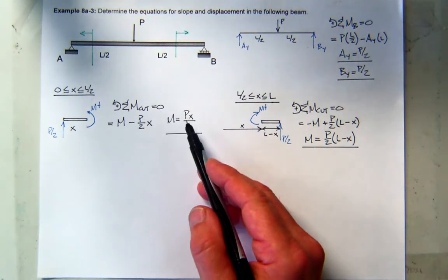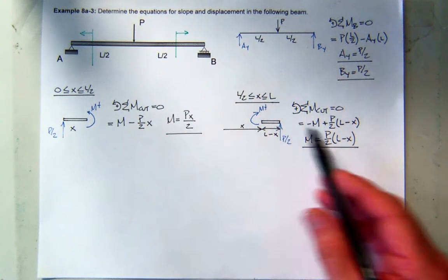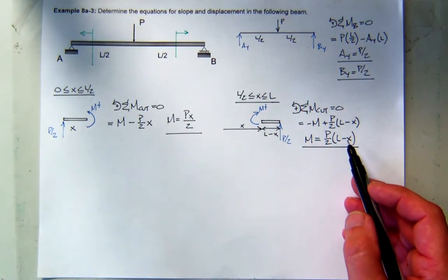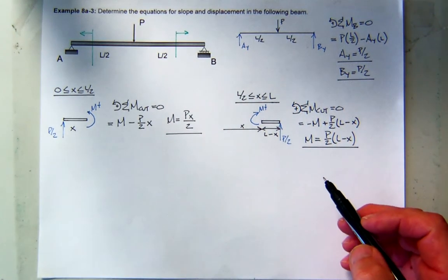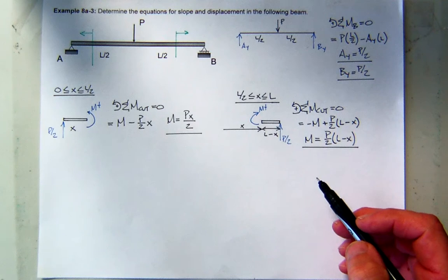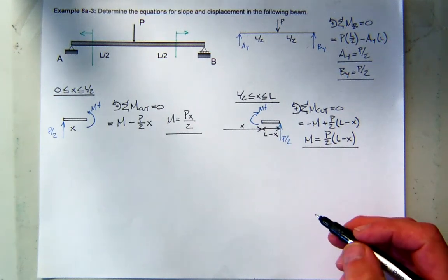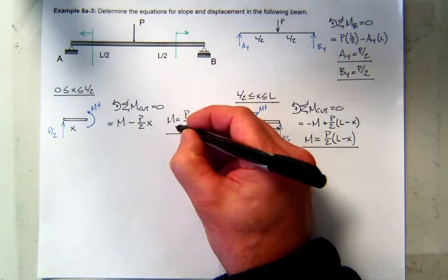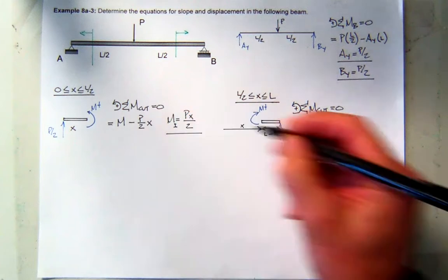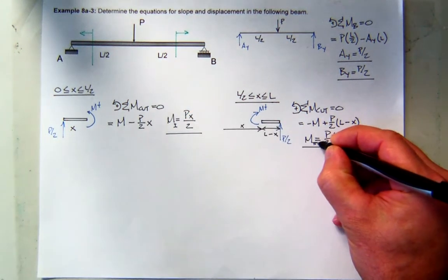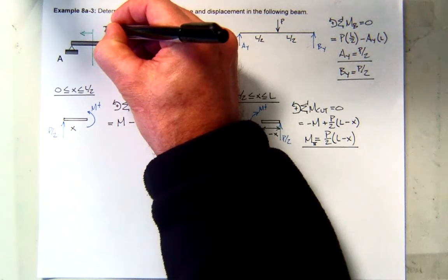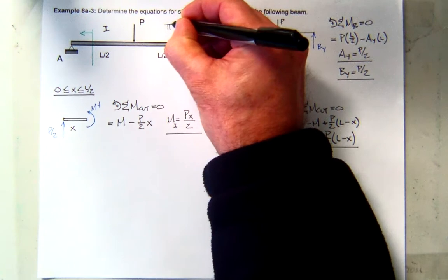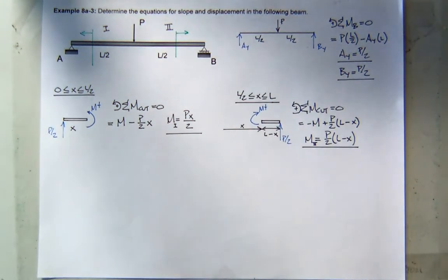So I put L over 2 here, I get PL over 2. I put L over 2 here, I get PL over 2. So it seems the equations are valid. Now I'm just going to subscript this one 1 and this one 2. Region 1, region 2.